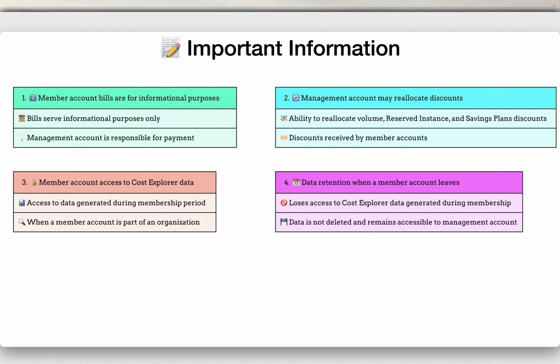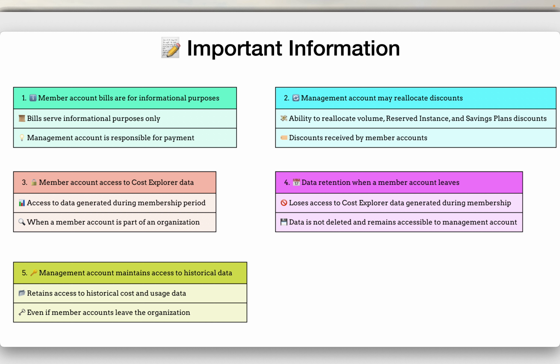However, the data is not deleted and remains accessible to the management or parent account. The management account retains access to the historical cost and usage data of member accounts even if they leave the organization. So it doesn't matter, the management account will always have access to the historical cost and usage data.